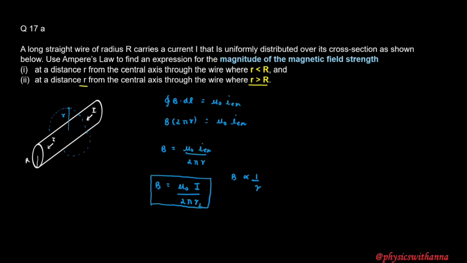This means that at any point outside the wire, magnetic field value decreases as you go away from the wire. So if I were to plot a graph of magnetic field B and distance r at points which were outside the wire, that means after the radius R, the magnetic field value will decrease.